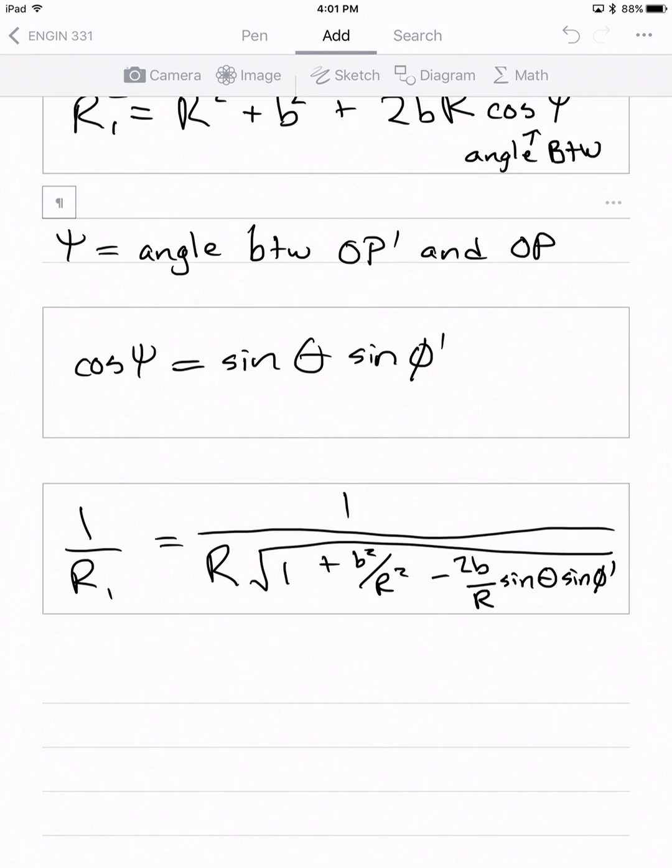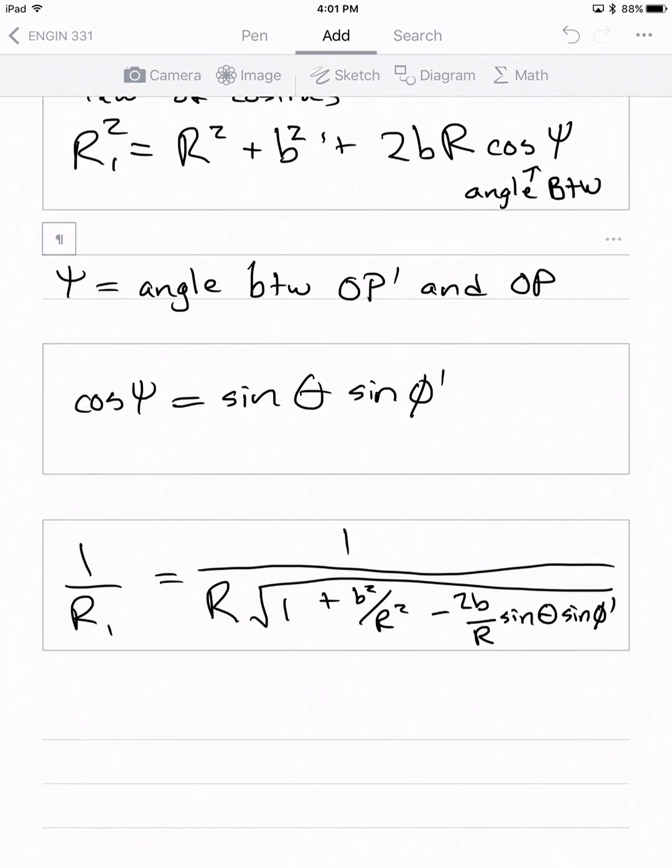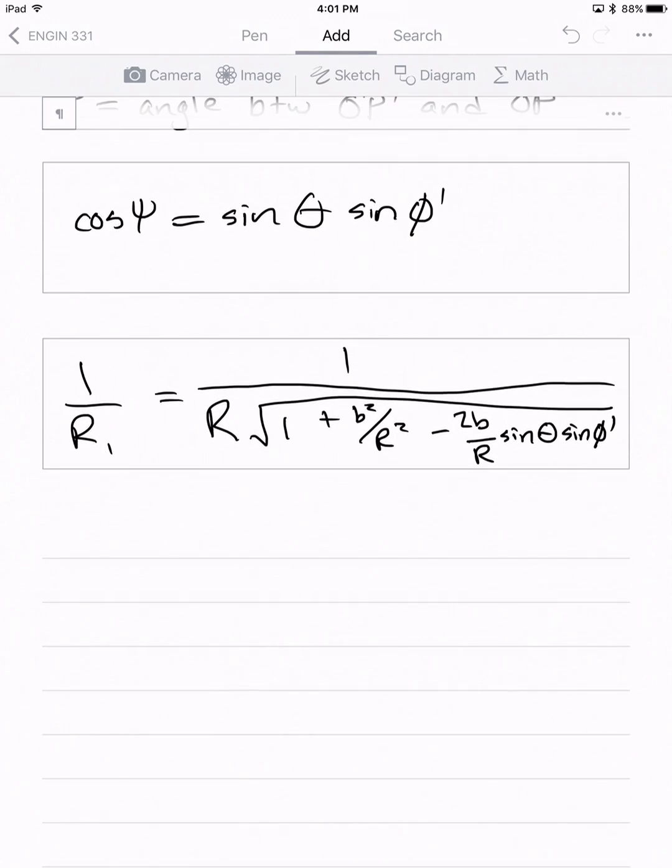Oh, my law of cosines has an error in it. This should be a minus. There, fixed it.